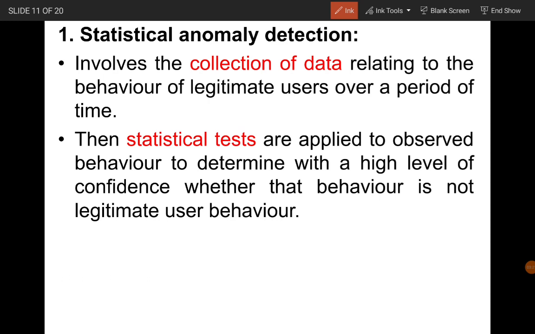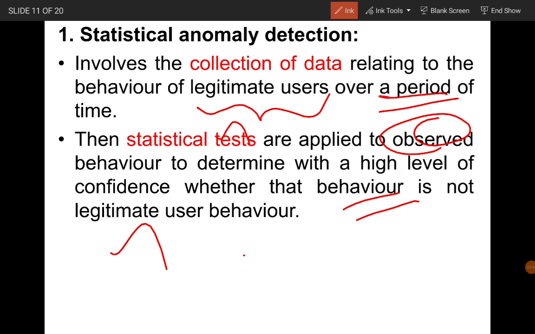Here, the data about the legitimate user behavior is collected over a long period of time, and then we apply some statistical test to the observed data. By using the test, you can tell whether the behavior is a legitimate user behavior or an intruder behavior.